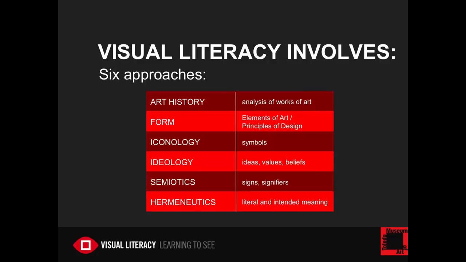Or semiotics, one of the great subjects of the 20th century for us, the differences between signs and a signifier and what's signified, or hermeneutics, which is the literal and intended meaning. And all this will help us to become more visually literate, to become more sensorially aware.